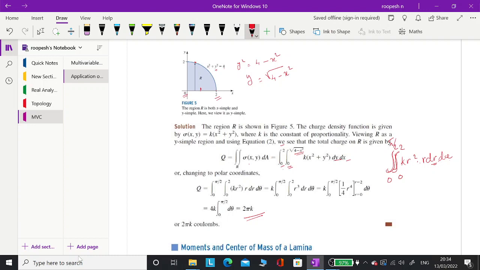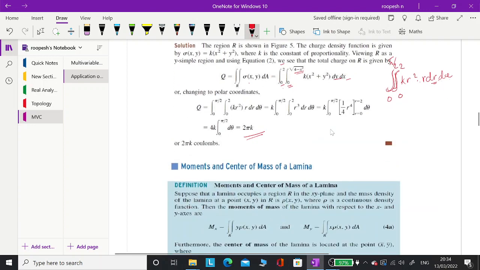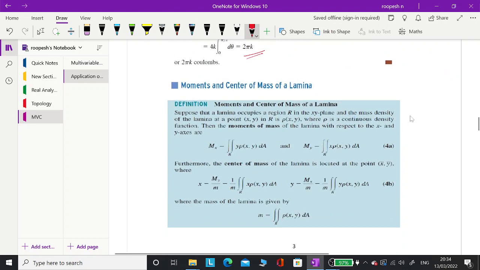Next what we are going to do is moment and center of mass of a lamina, with respect to the x-axis and also the y-axis. Suppose that the lamina occupies a region R in the xy plane and the mass density of the lamina at a point xy in R is rho xy, where rho is a continuous density function.